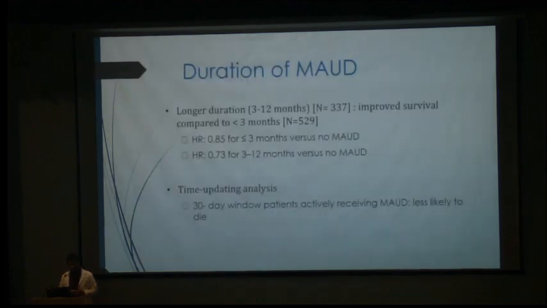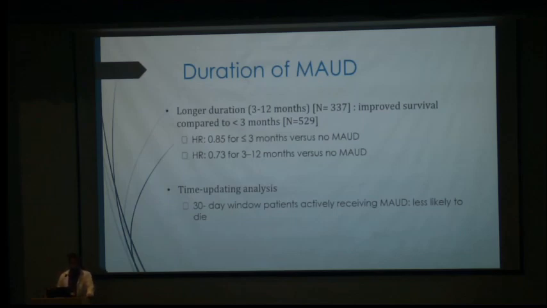On the comment on duration of use, they did a time update analysis and found that people who took MAUDs for 3 to 12 months had better survival as compared to no MAUDs. The paper did not mention analysis of longer versus shorter duration, so that was probably missing.